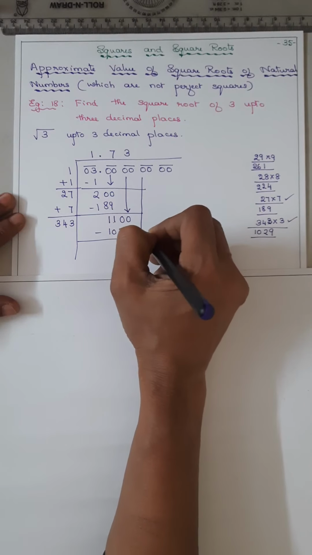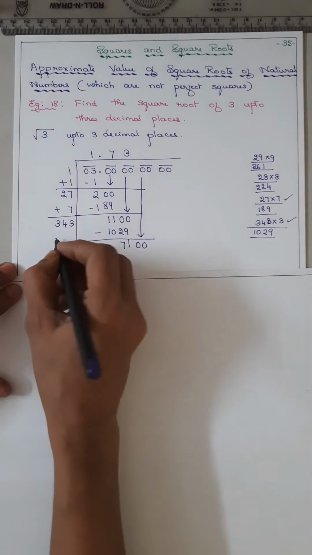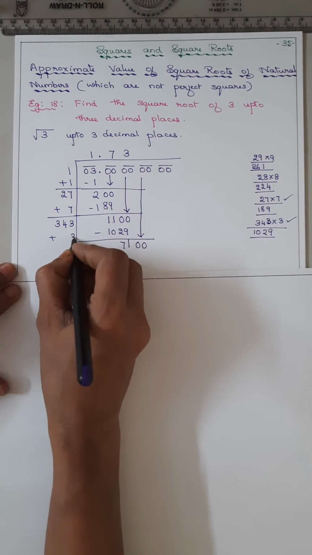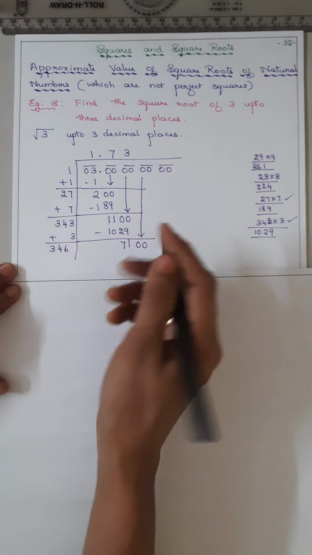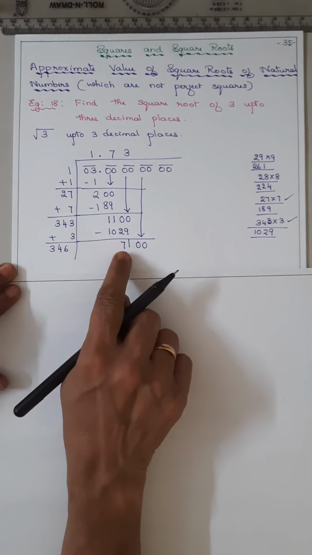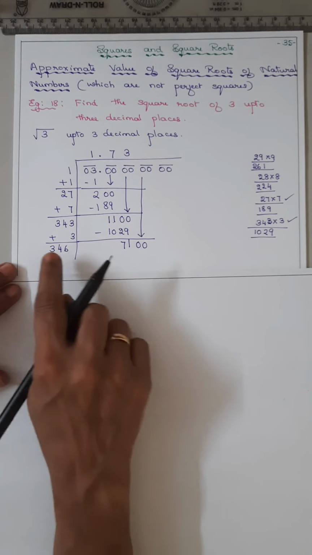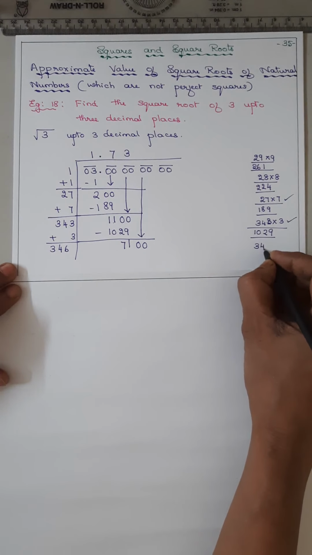Now bring these 2 zeros down. Now add this 3. 3 plus 3, 6. 4 as it is, 3 as it is. Now 3 digits, 4 digits. So you have to ask with only 1 digit, isn't it? 3 how much are 7? 3 2s are 6.